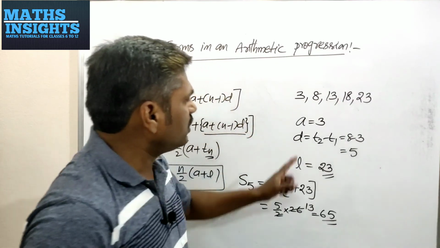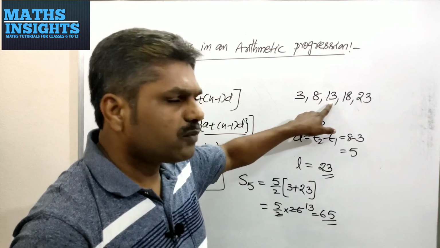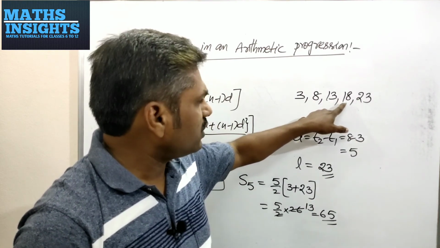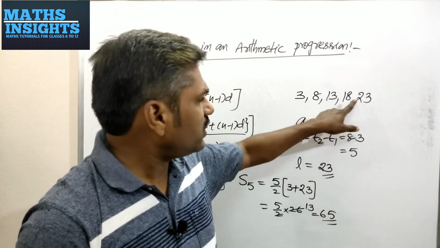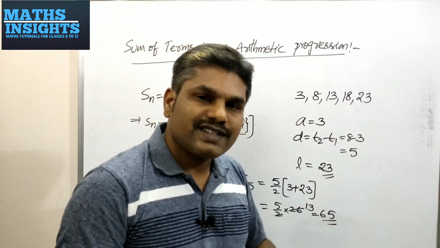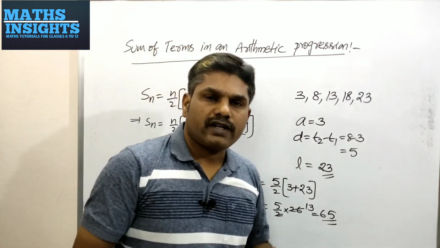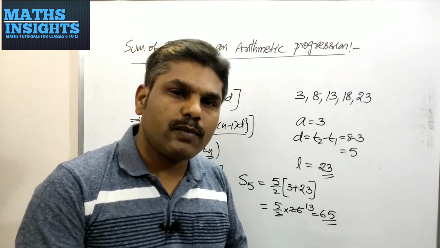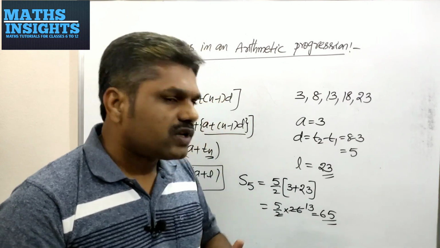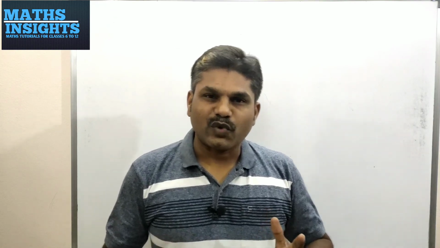If you add all of these, you will get 65: 3 plus 8 is 11, 11 plus 13 is 24, 24 plus 18 is 42, 42 plus 23 is 65. In this manner, you are able to find the sum of any particular number of terms in an AP if you know the first and last term. This is all about arithmetic progression.